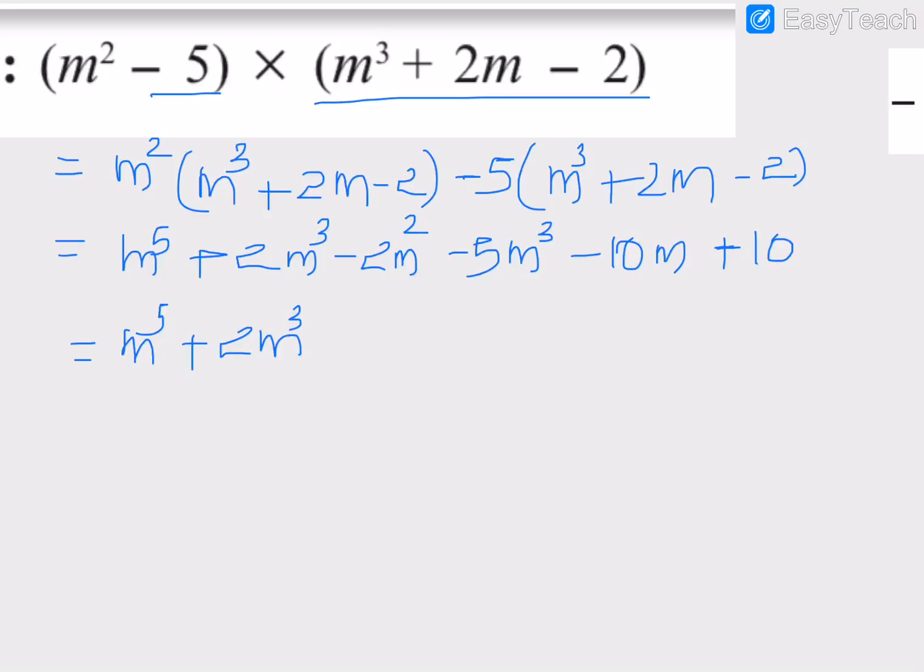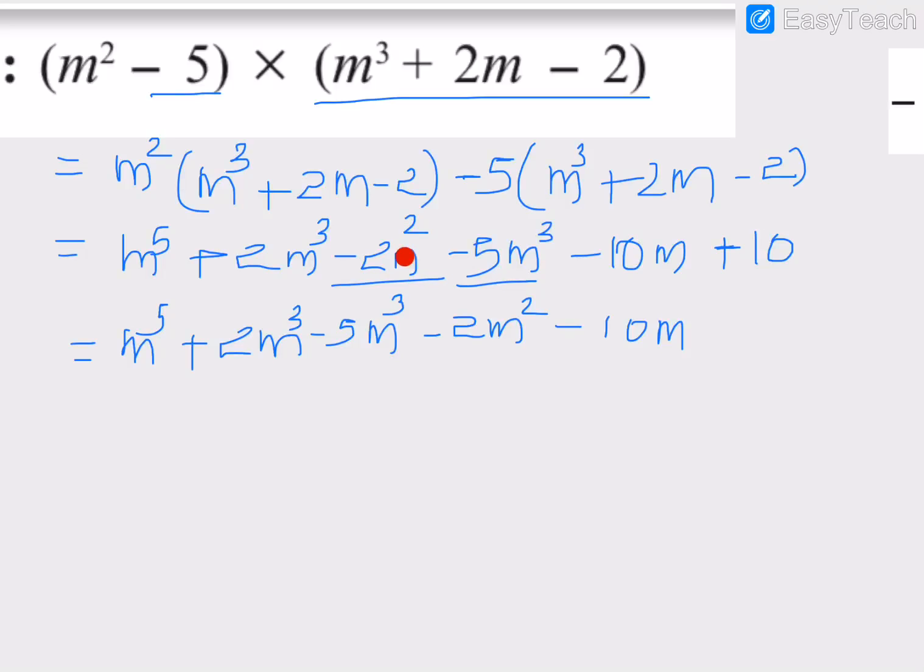So another m cube term is this one, minus 5m cube, so we will write it, minus 5m cube. There is no other m cube term, so we will go with the next, and that is m square, minus 2m square, and there is no other m square term, so we will go with the m terms, that is minus 10m.